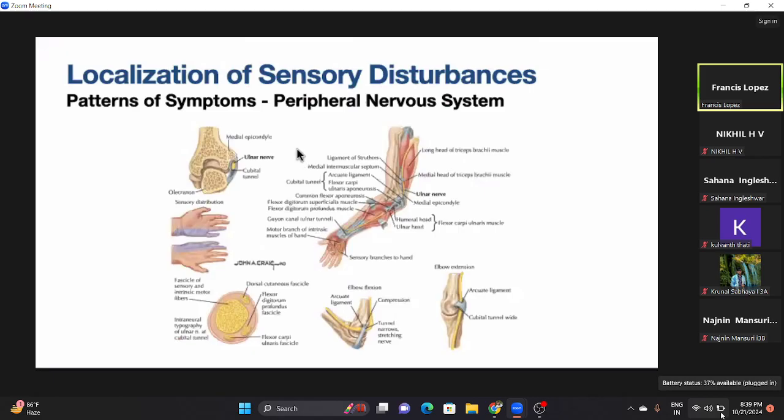This one naman is another ulnar nerve mononeuropathy, but this time due to the ulnar nerve being compressed at the cubital tunnel. The same pattern of weakness, but the localization is far above, in the cubital tunnel.